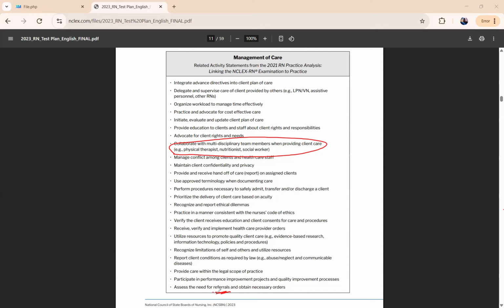A patient is having issues with muscle. Who do you refer them to? The physical therapist. The patient is having issues with activity of daily living. Who do you refer them to? Occupational therapist. A patient is having difficulty with talking or a recent stroke. Who do you refer them to?